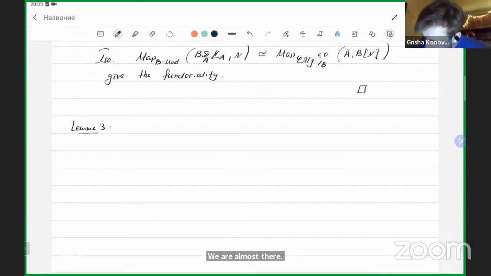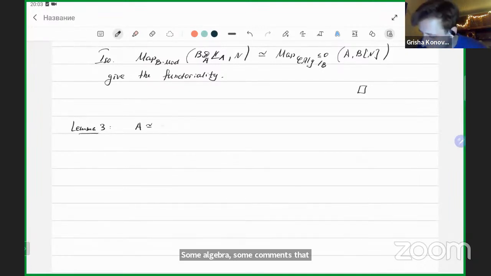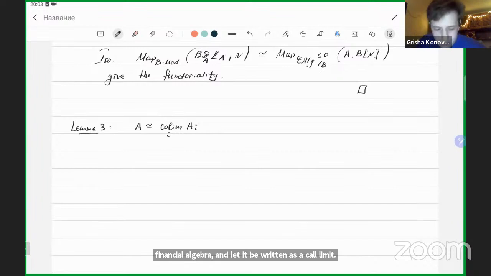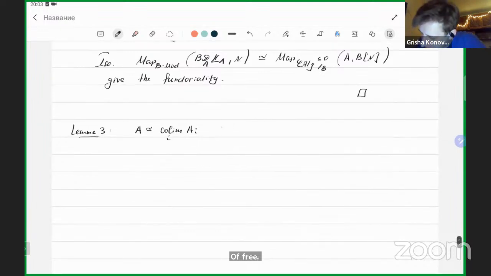And let A be some commutative connective differential graded algebra, and let it be written as a co-limit of free connective commutative differential graded algebras.